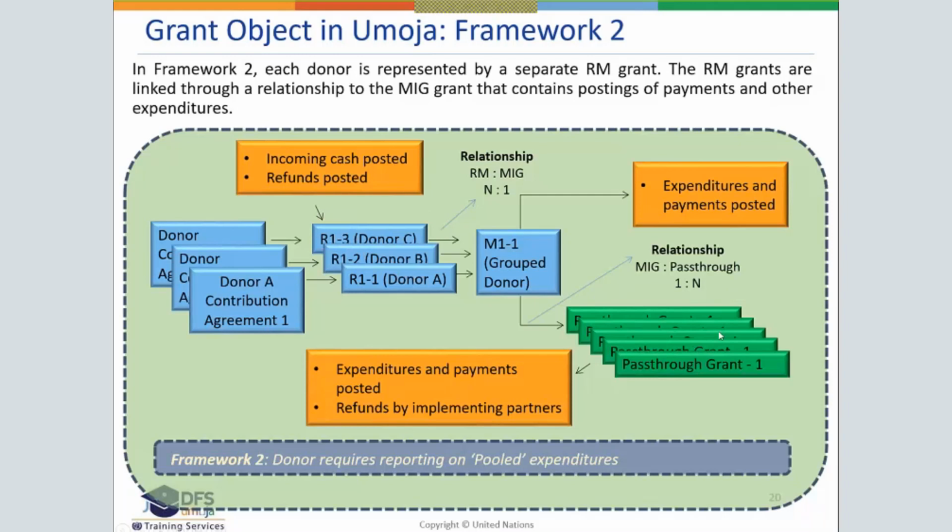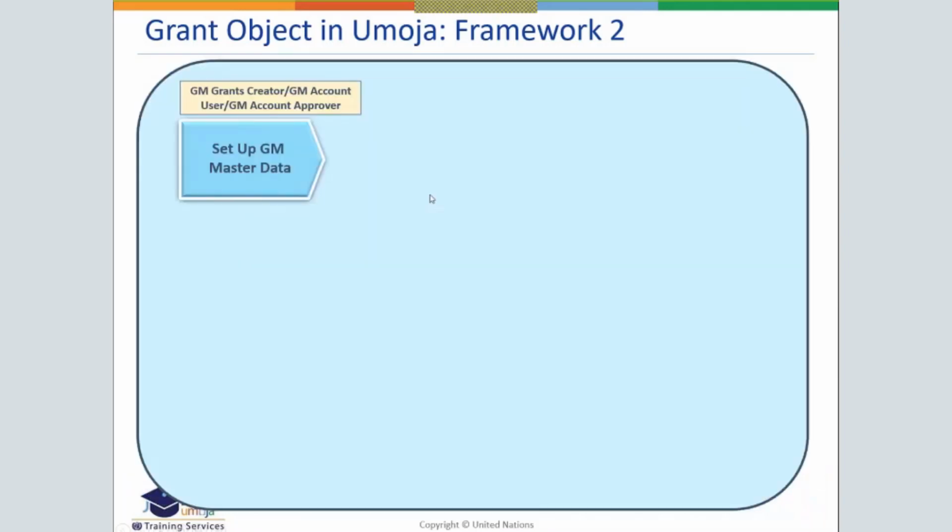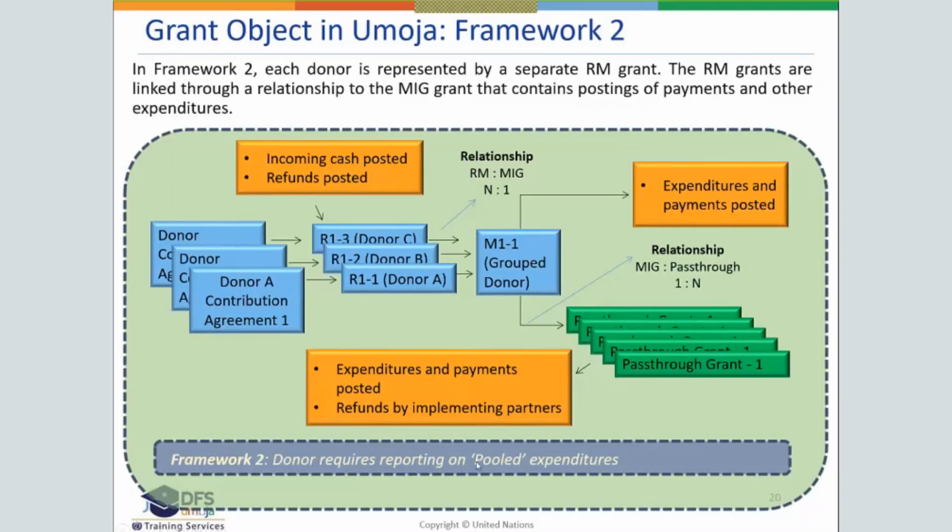In these pass-through grants, we will track expenditures, payments posted, and refunds by this implementing partner. Very important: in Framework 2, the donor requires reporting on pooled expenditures, okay? And we have more than one donor.